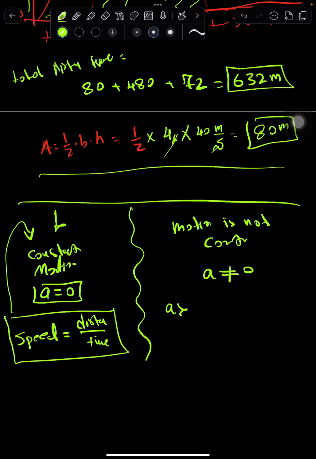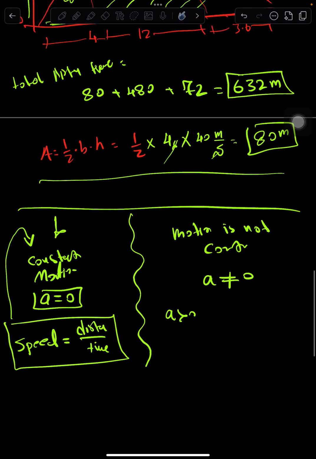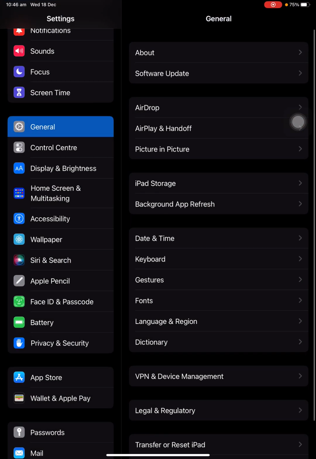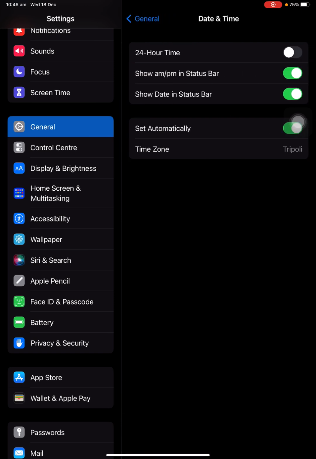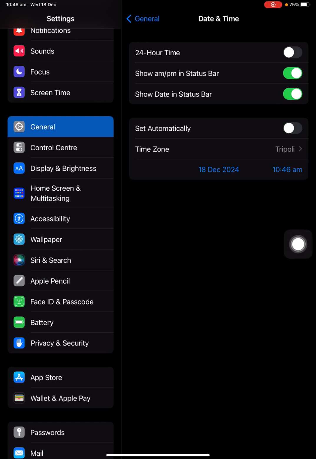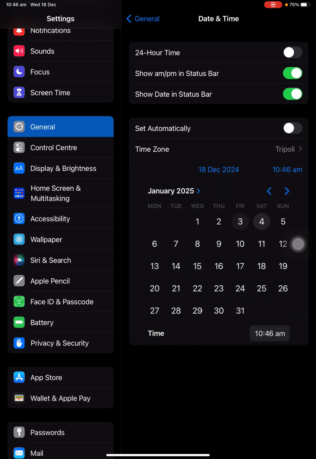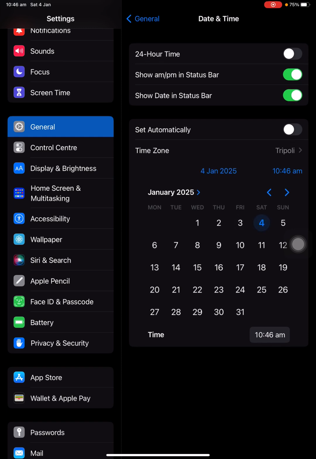If the acceleration is bigger than 0, okay, I'm going to stop here. I'll have to adjust the time. I'll have to change the dates.